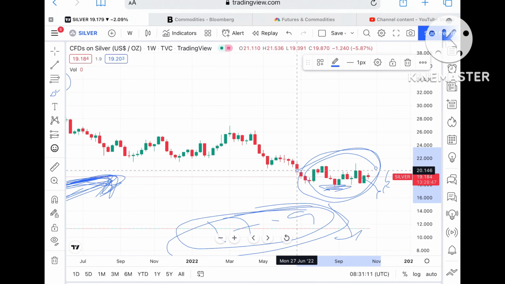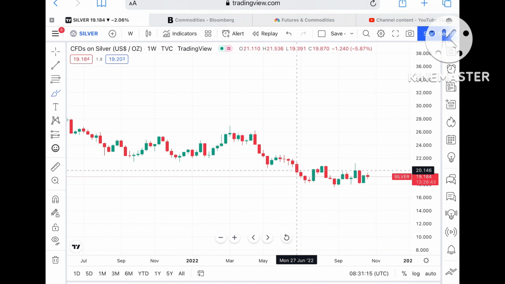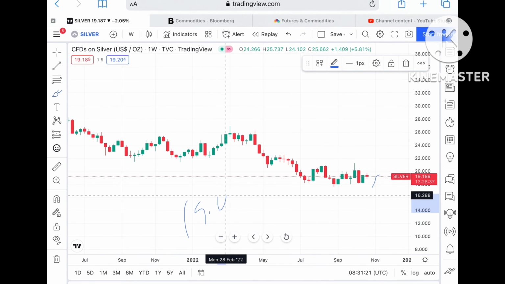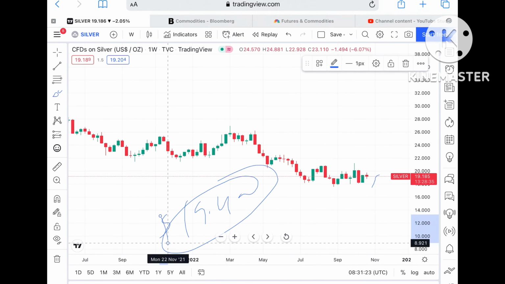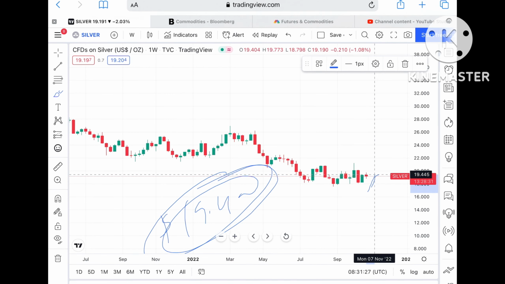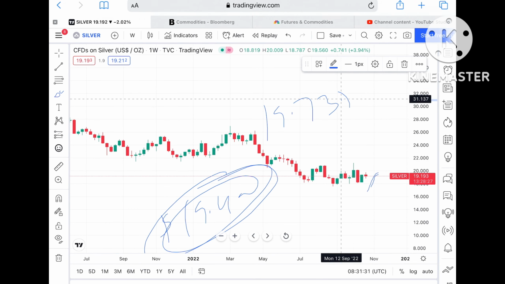But suppose the price sustains this particular level, which is currently trading at around $19.184 as of now. So if this level sustains, we can see it can go towards a level of $19.400. Okay, and this particular resistance is a weak resistance, so chances are very high we can see it go towards a level of $19.737.